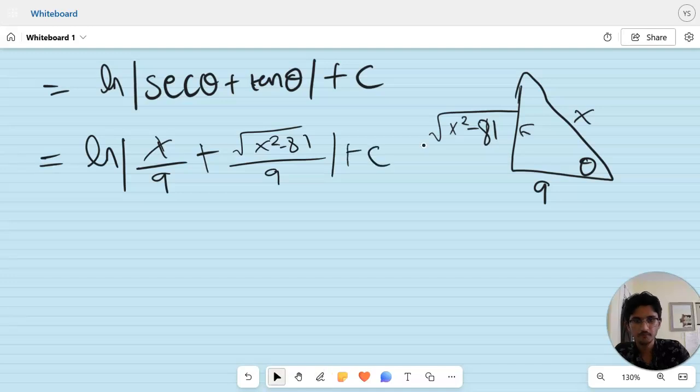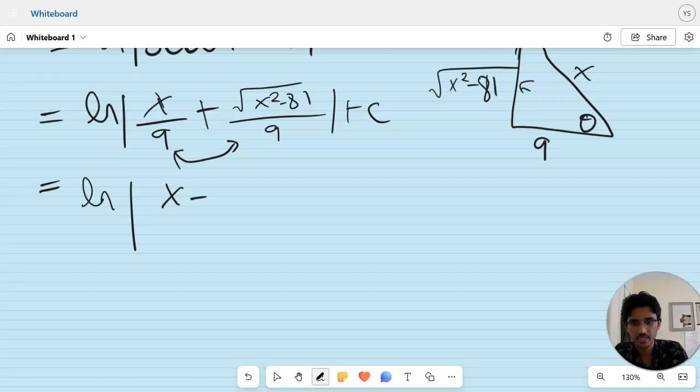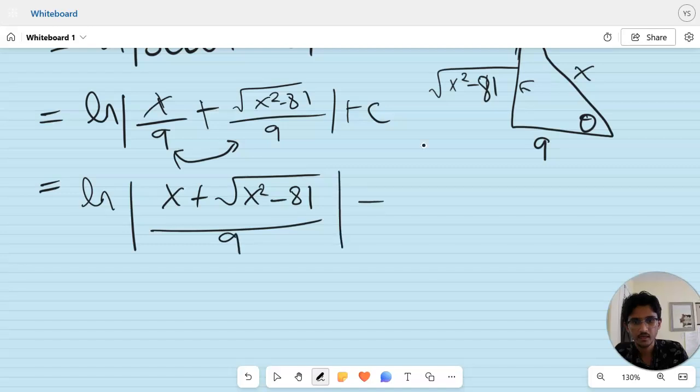Of course, with the absolute value. Since we have common denominators, we can add the numerators: x plus the square root of x squared minus 81, over 9, plus c.